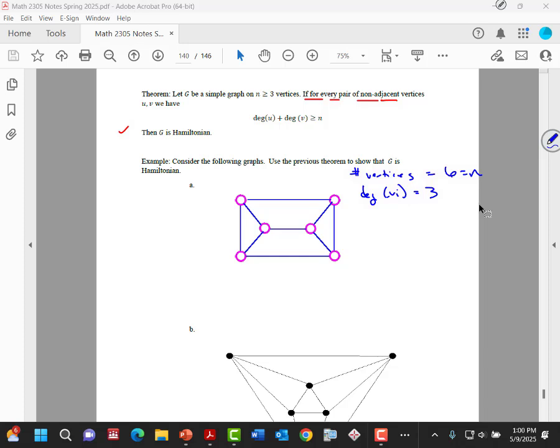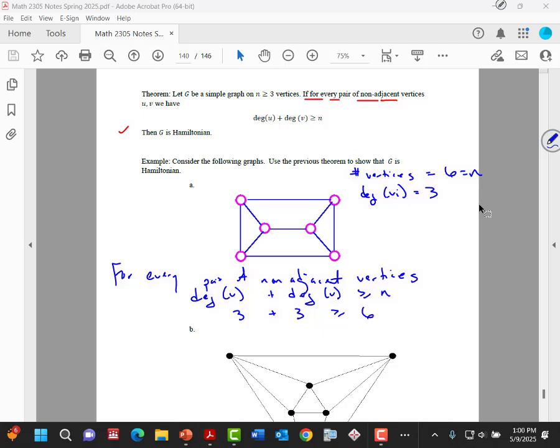So for every pair of non-adjacent vertices, the degree of u plus the degree of v is greater than or equal to n. That is, 3 plus 3 is bigger than or equal to 6. So G is Hamiltonian.